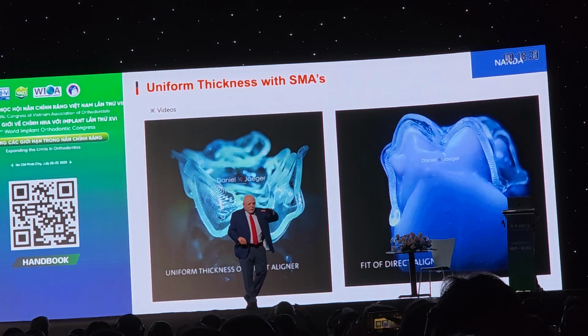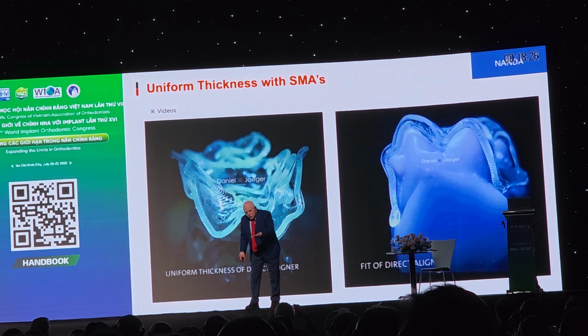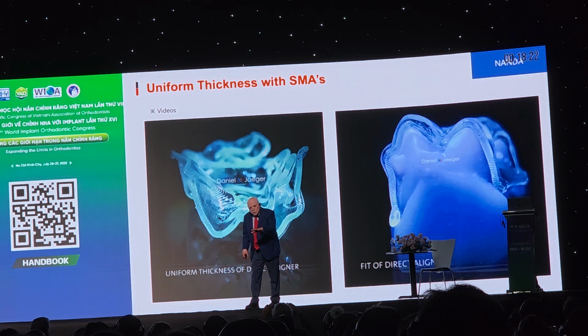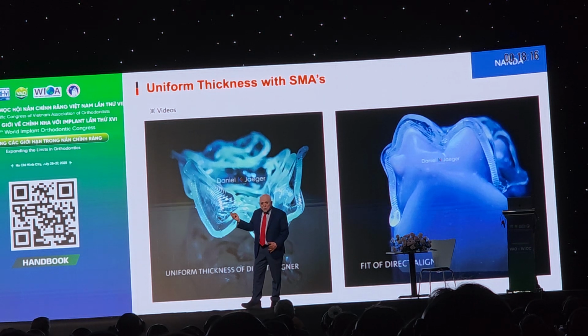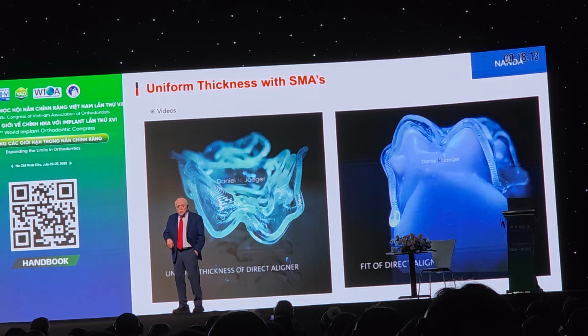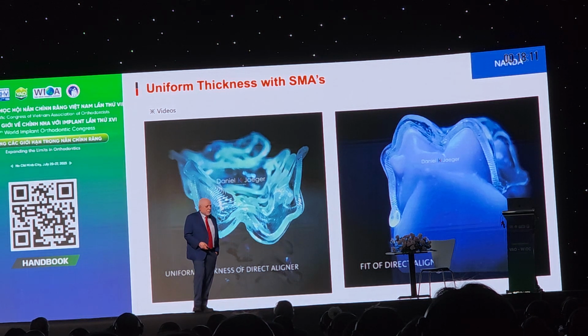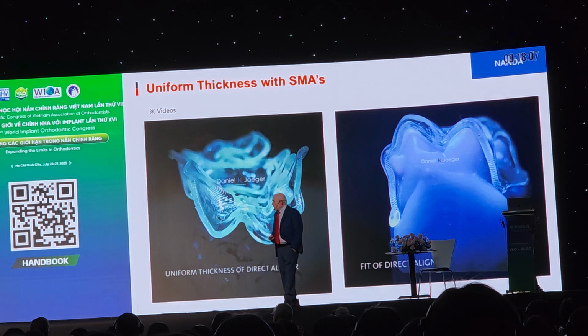When you take a thermoform sheet and press it on a model, what is going to happen? Some areas are going to be thicker, some areas thinner. The nice thing about our shape memory aligners is that uniform thickness is all around. It's very, very important for how you will move the teeth.